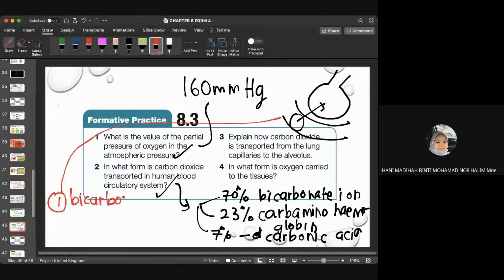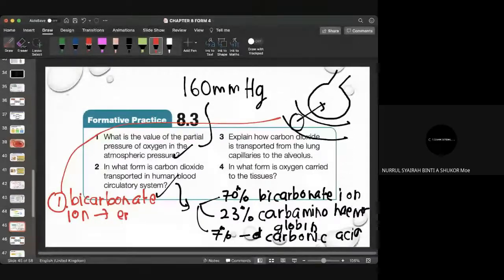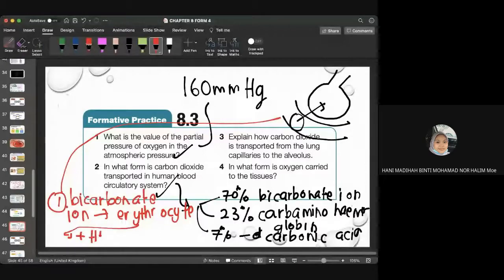Second, the bicarbonate ion will combine again with hydrogen ion to form carbonic acid. Then carbonic acid breaks down into carbon dioxide and water. Last, carbon dioxide diffuses through the lung capillaries into the alveolus and is expelled during exhalation.